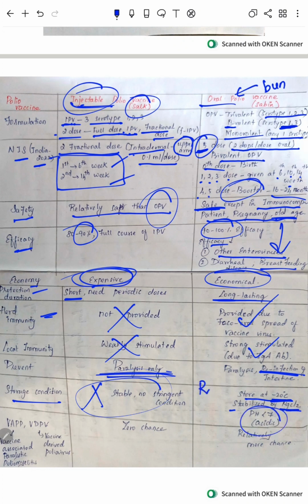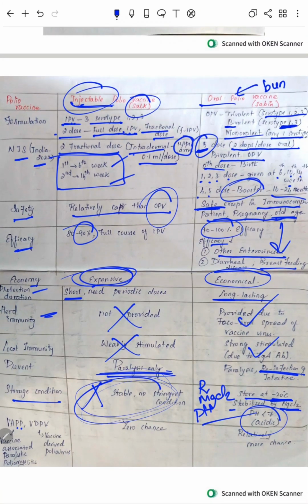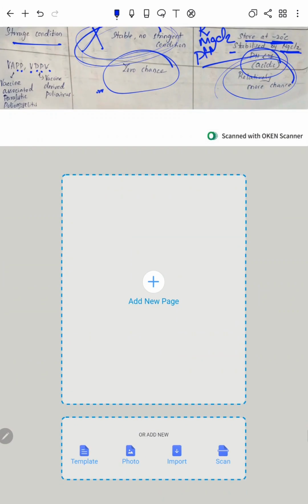So a refrigerator and magnesium chloride are required, and pH is also required here, but there is no such requirement here. Vaccine associated poliomyelitis and vaccine derived polio virus: there is no chance of vaccine associated poliomyelitis here, but here there is relatively more chance.